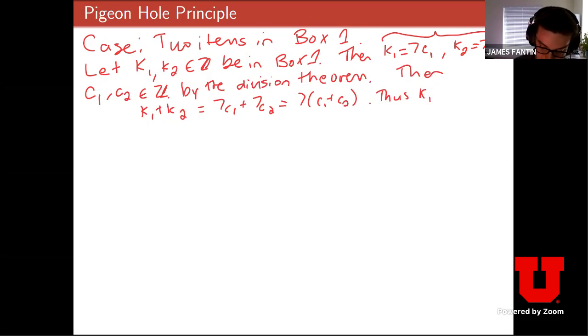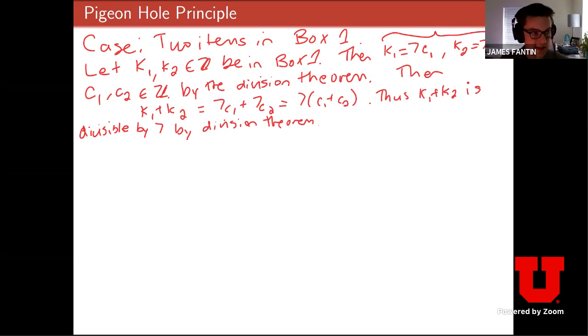And since it's 7 times a number, then by the division theorem again, k1 plus k2 is divisible by 7. So this is our first case, where both of our items had to have remainder 0.